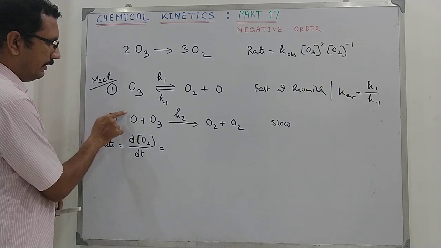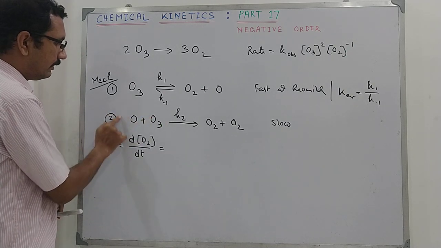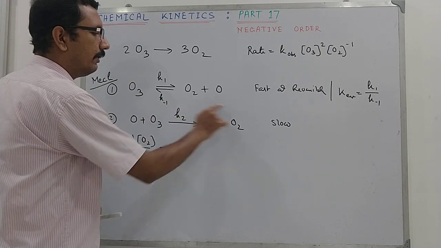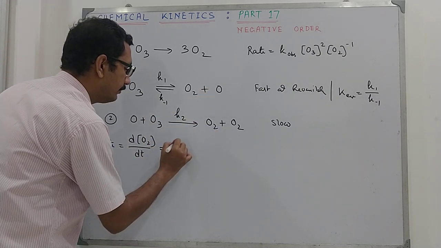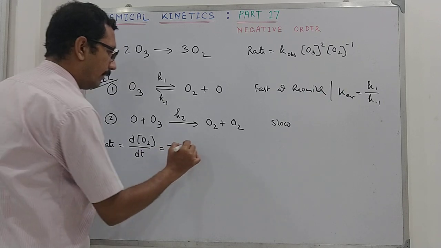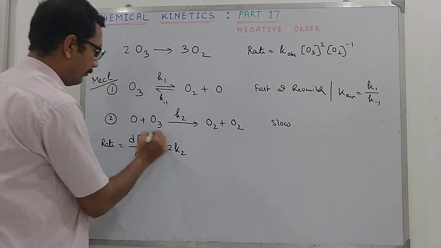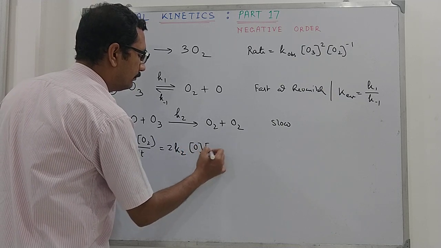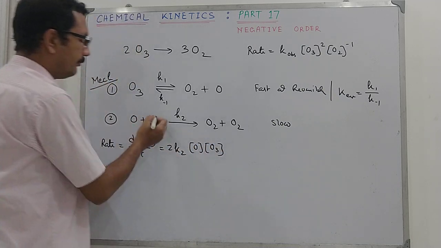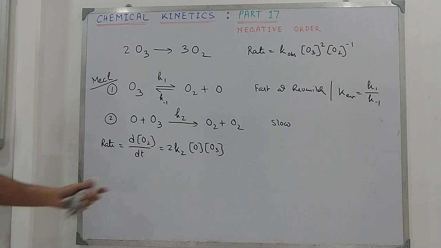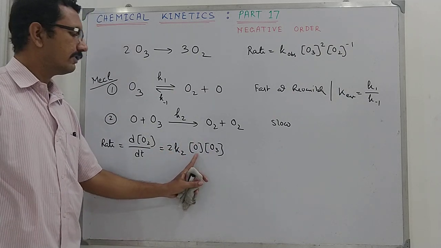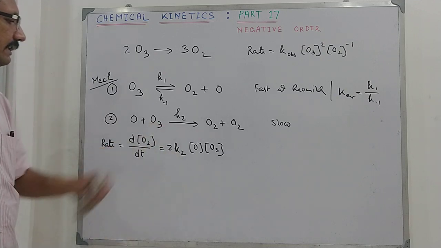So if we use K2 for this intermediate, then we have to use 2K2 for this. So the rate of formation of O2 is 2K2 into [O] into [O3]. It will depend upon the reactant. Now we have the concentration of O3, but we don't know the concentration of this O. We have to find it.